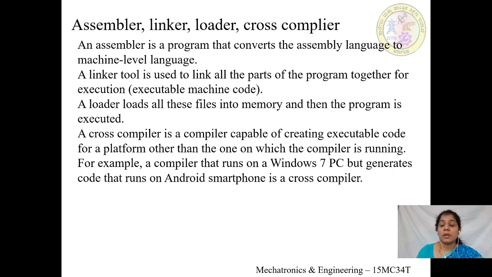A loader loads the files into memory and then the program is executed. For proper execution, the hex file has to be loaded by the loader. Next, a cross compiler is a compiler capable of creating executable code for a platform other than the one on which the compiler is running.